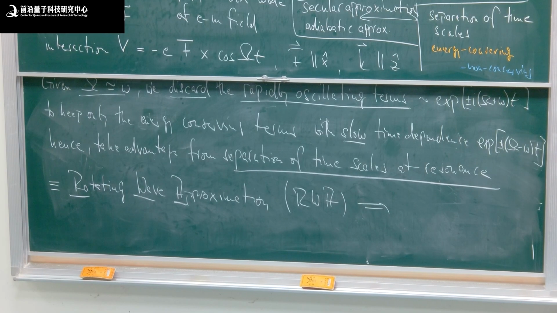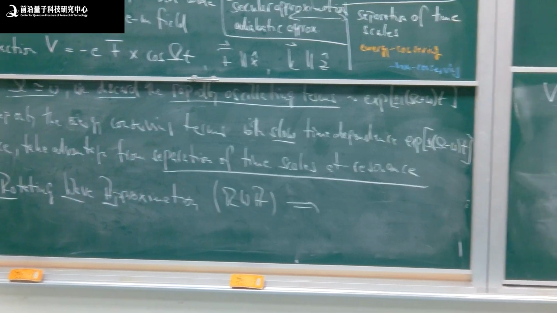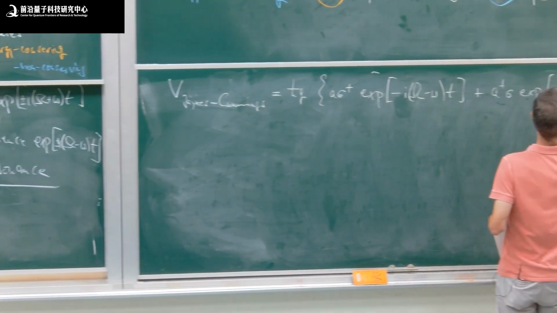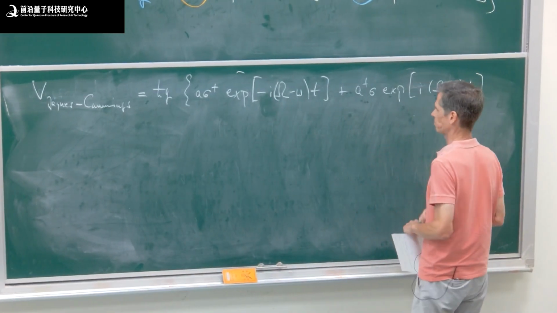So essentially, you take that, you skip the terms which are non-energy conserving and rapidly oscillating, and then you are left only with A sigma dagger exponential of minus i (omega minus omega) t plus A dagger sigma exponential i (omega minus omega) t.